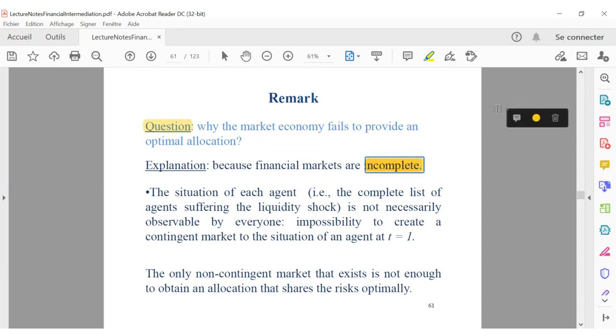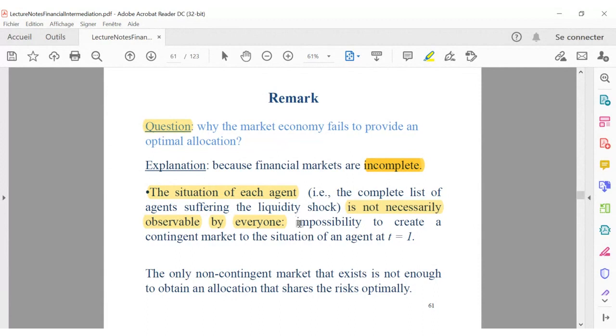Why do we talk about incomplete financial markets? Because actually there is no forward market in our case. That is, there is only one financial market at t equal 1, but not a forward market at t equal 0 through which you can hedge, you can cover yourself about the future liquidity shock at t equal 1. And why is it the case? This is the case because actually the situation of each agent is not necessarily observable by everyone.